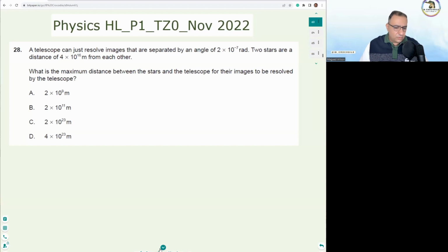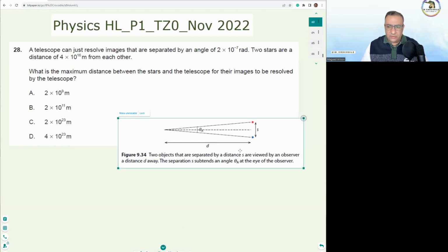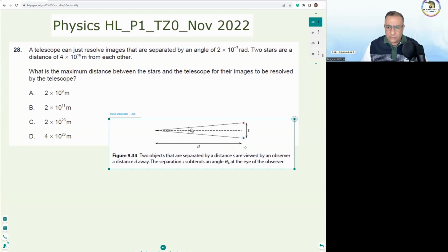Okay, so I'm just going to copy this here. These are the two stars we are talking about. The distance between the two stars is 4 times 10 to the power of 16.